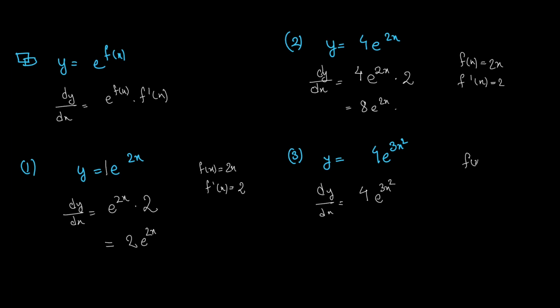Our power of e is 3x squared. Let's differentiate it with respect to x. After differentiating, we get 6x. Let's write 6x here. Simplifying this expression, we get the answer 24x e to the power 3x squared. This is our final answer for this expression. Let's look at another math.